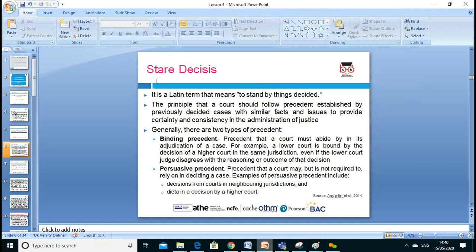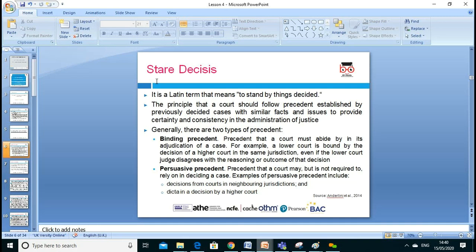So stand by things decided, it stays the same, whatever was decided. The principle is that the court should follow the precedent established by previously decided cases with similar facts and issues, to provide certainty and consistency in the administration of justice, based on the case laws, yes?